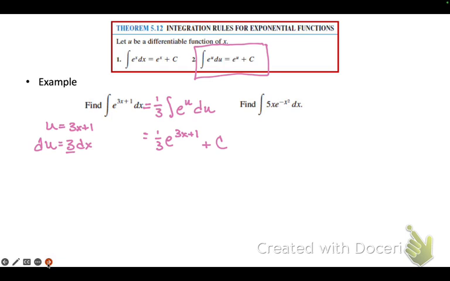Now the book puts that e to the 3x plus 1 all over 3. I do not like that. It takes up too many lines on my paper. You guys freak out when you see a fraction.